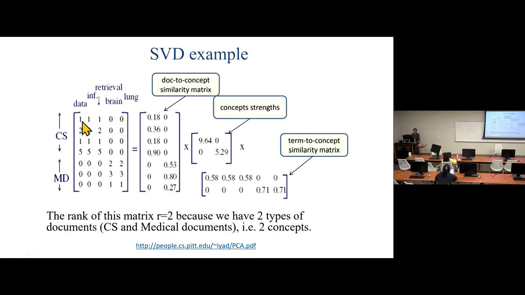So data appeared with frequencies 1, 2, 1, 5 in the computer science books, but not in the medical books. But if you look at the last keywords, they did not appear in any of the computer science books, but appear with some frequency in the medical books.